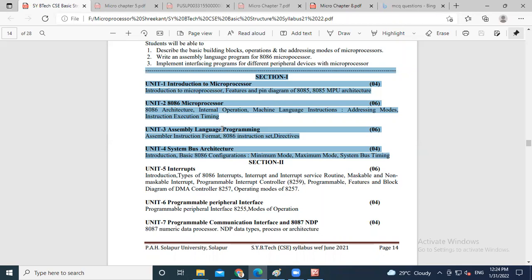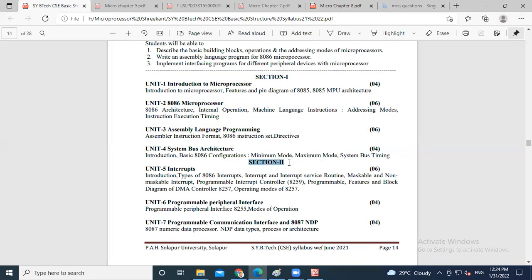In section 2 onwards, we studied interrupts: maskable and non-maskable interrupts, and hardware and software interrupts. Whatever problems can be solved by maskable and non-maskable interrupts we solve by them, and for bigger problems we use the 8259 programmable interrupt controller and the 8257 DMA controller.